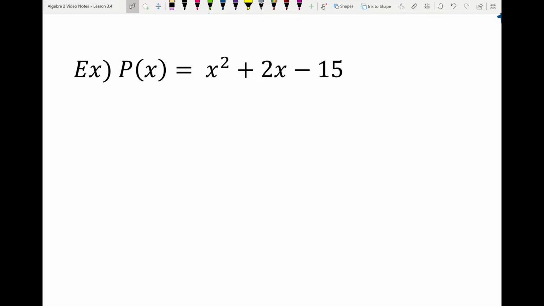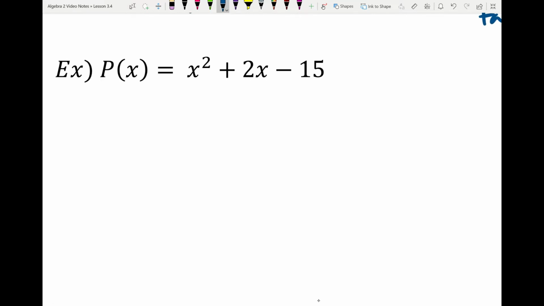So let's review factoring. Remember when we factor this, you set up a table like this, and we want to find numbers that multiply to get negative 15, but add up to get 2. So the negative 15 goes on top, two numbers that multiply to that add up to positive 2. So we'll put a plus sign there.